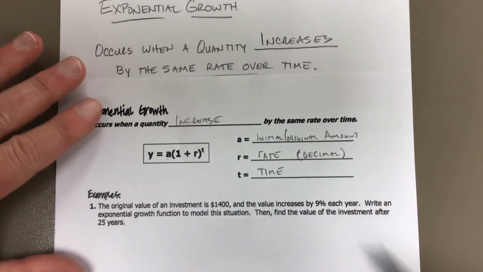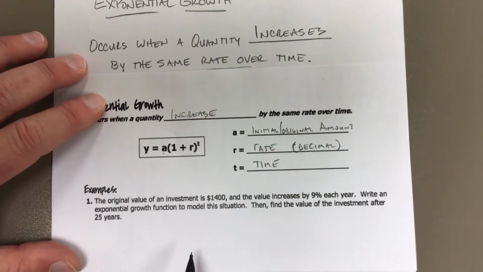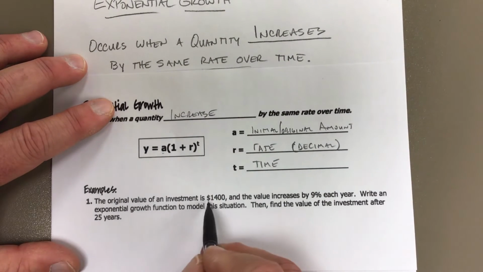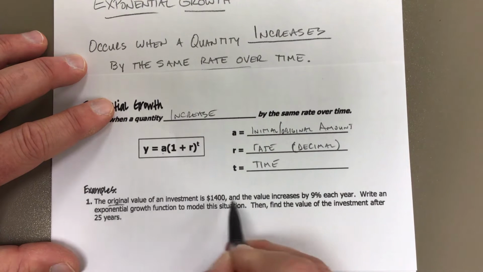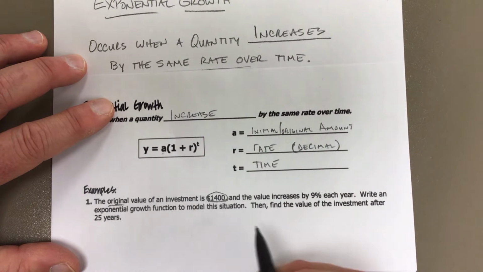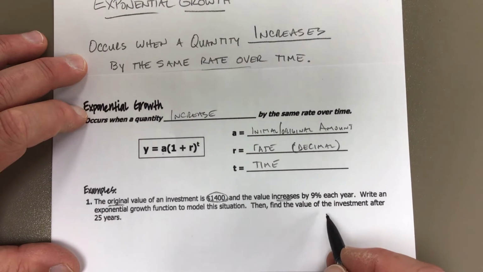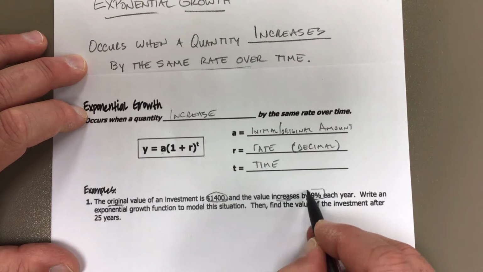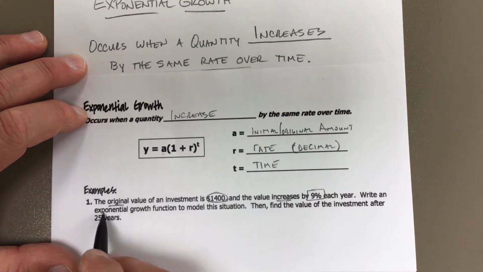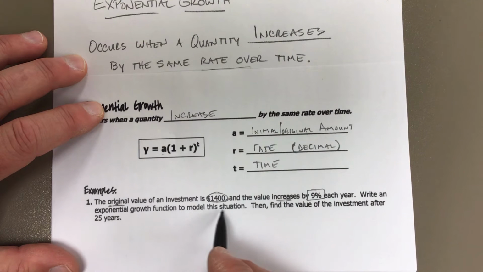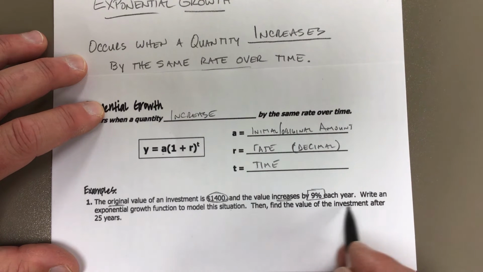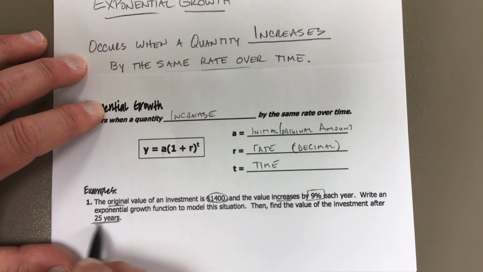We come down here and read the example. The original value of an investment is $1,400, and the value increases, so we know this is exponential growth, by 9%. Write an exponential growth function to model this situation, and then find the value after 25 years.